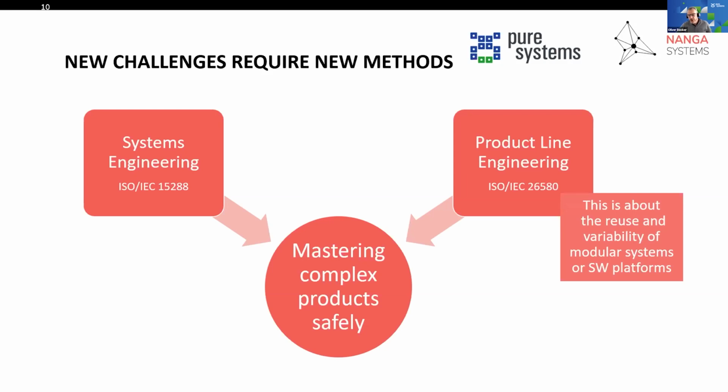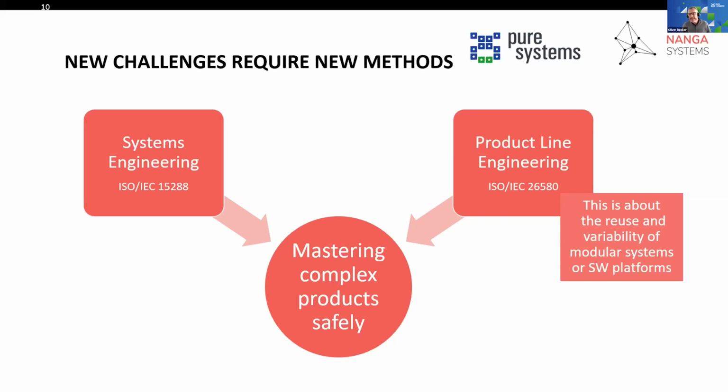To make it short, it is about the reuse and the variability of modules, modular systems and software platforms. More or less, this is what the standard covers. The big advantage is that you have a high rate of reuse, that you use modules like Lego stones, for example, and you can reuse them for different kinds of products.